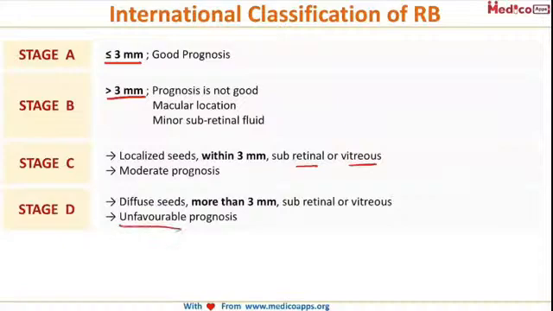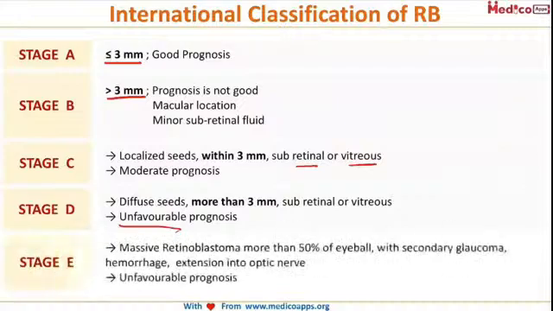It will definitely have an unfavorable prognosis. Stage E is a massive retinoblastoma where more than 50% of the eyeball is involved, along with secondary glaucoma, hemorrhage and extension into the optic nerve. Now this is a very aggressive form of retinoblastoma and will have a grave prognosis.